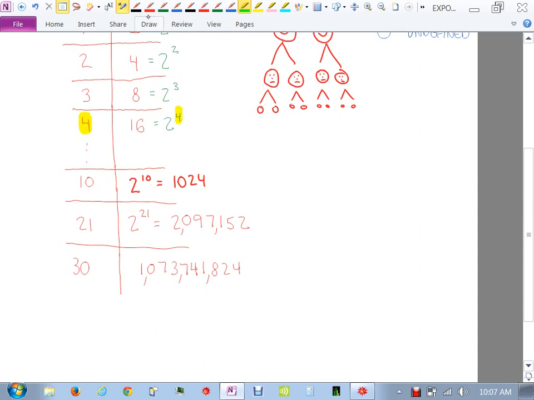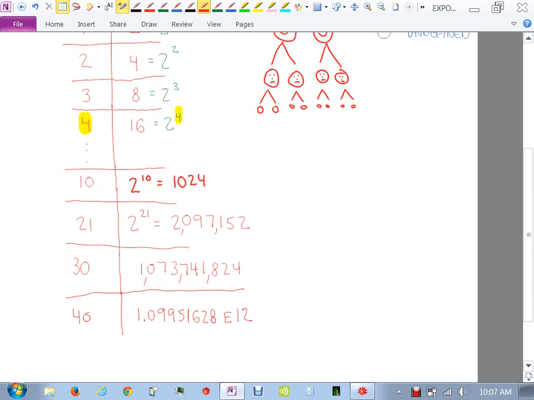Now, should we try 40? Let's try 40. 40 is where I get 1.099512, and then what does it say? E12. Anyone get something other than E12?